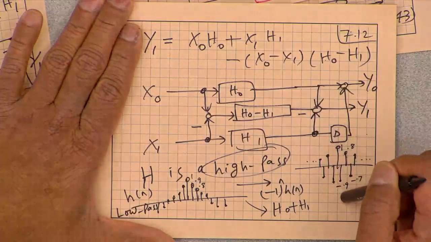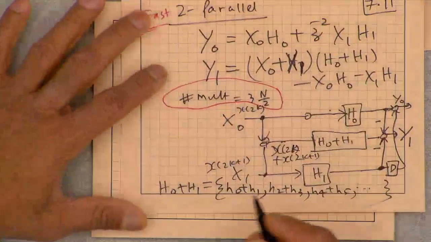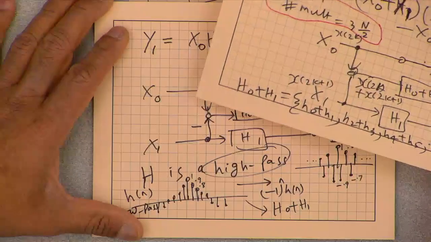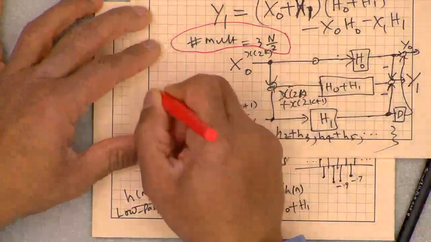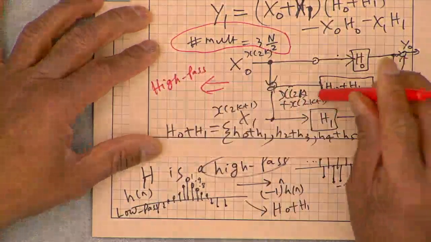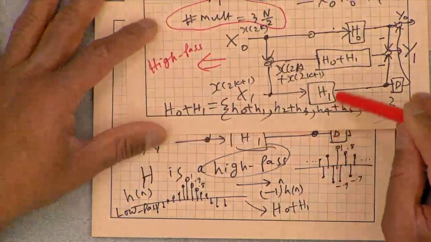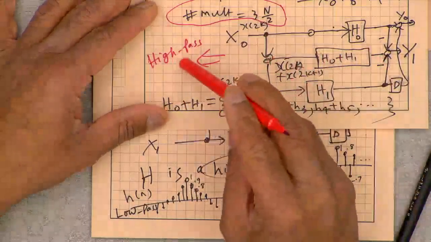So this is ideal for high pass. When the signs are changing quickly and you add them, you get a small number, small dynamic range, fewer non-zero bits.